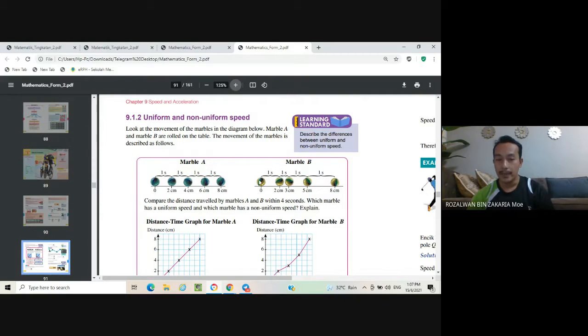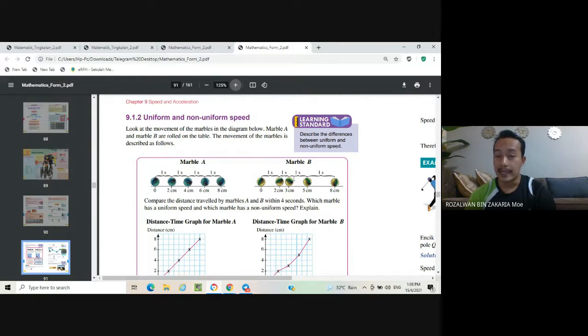Why not uniform? Because for each second, the distance taken by the marble B movement is not constant.